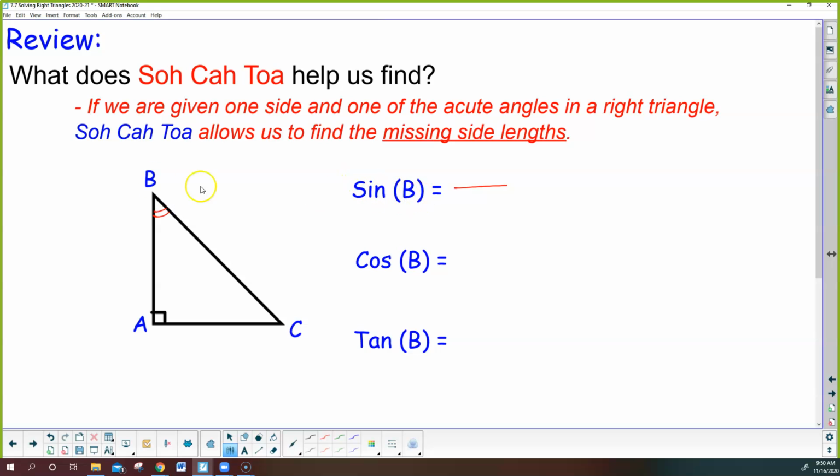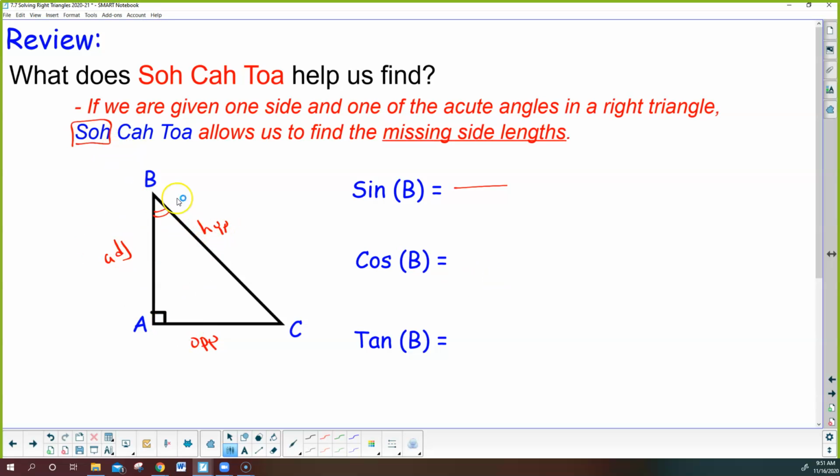So if I want to do the sine, all right, well, sine is opposite over hypotenuse. And then notice, right here, it's sine of something. That something is always the angle. So across from angle B is always the opposite. What makes up angle B is the adjacent side and the hypotenuse.